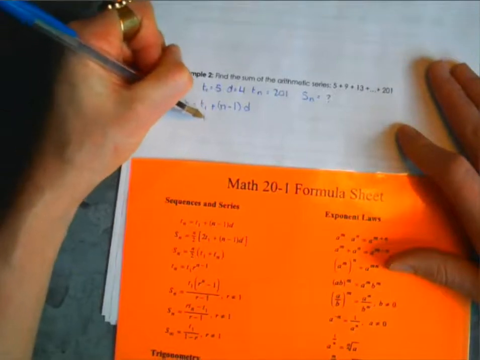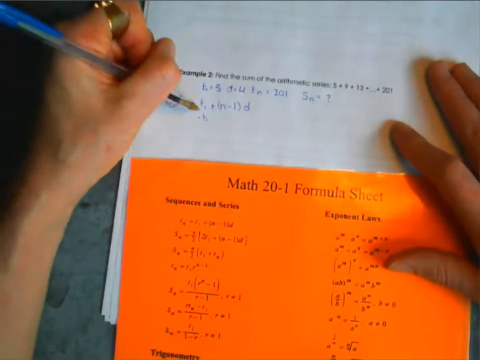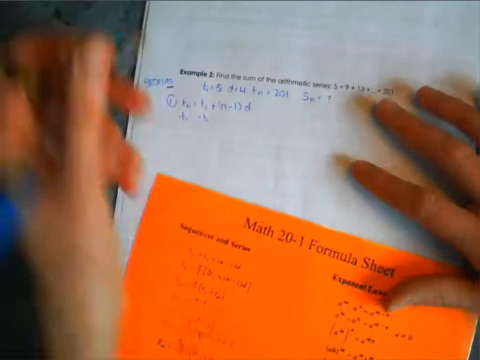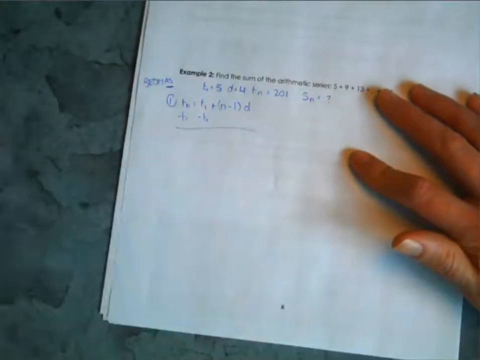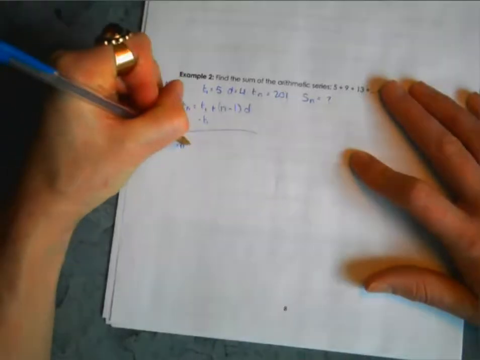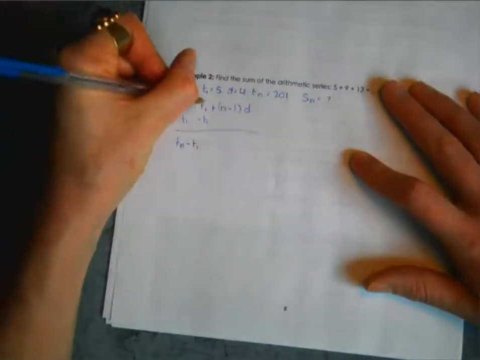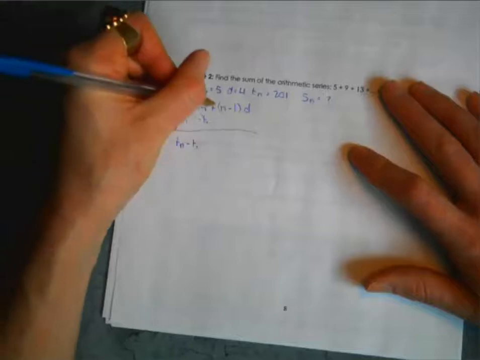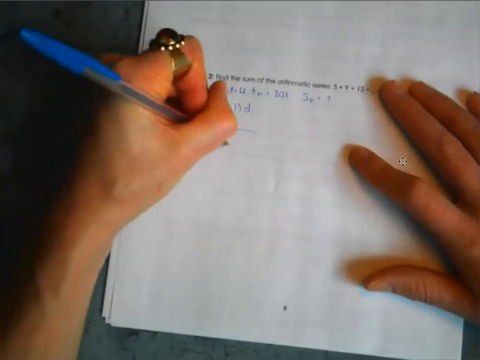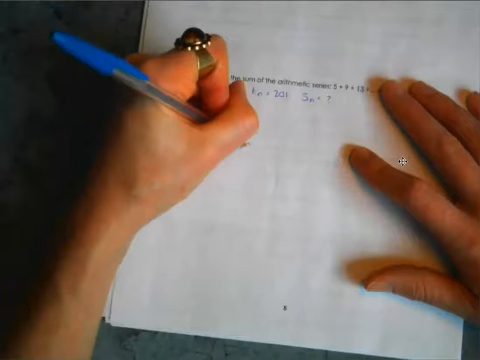T1 is positive, so we want to subtract it, and what we do to one side, we do to the other. That's going to give us Tn minus T1, and then T1 minus T1 is 0, so we're left with n minus 1 times d.